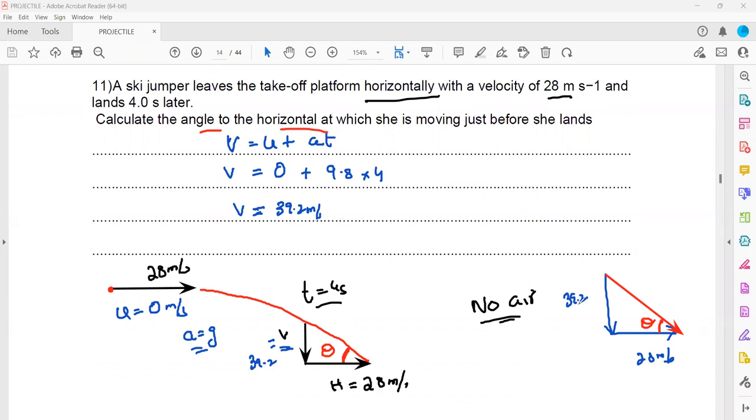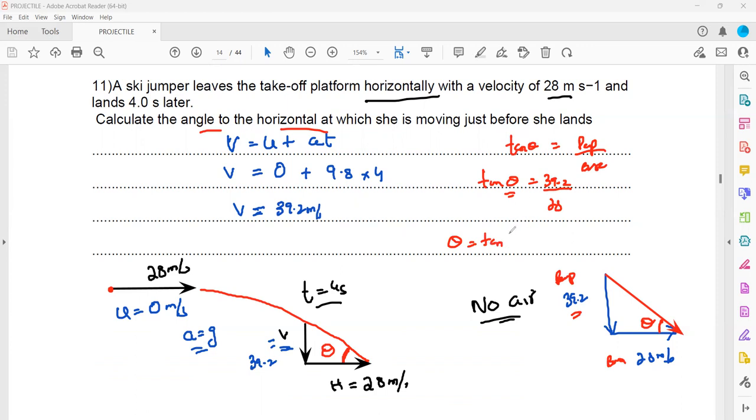So this was 28, this is 39.2, and we need the angle. This is the perpendicular and this one is the base. So we can use the trigonometric ratio: tan theta equals perpendicular divided by base. The perpendicular is 39.2 and the base is 28. We need theta, so theta equals tan inverse.